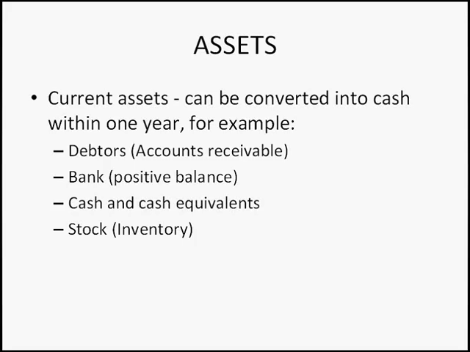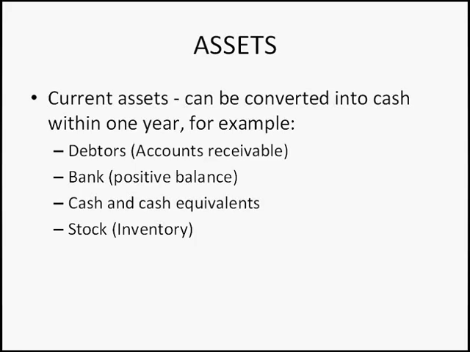Cash and cash equivalents, a lot of time the business will keep cash on its premises, maybe in the form of petty cash, and those are also an asset to the business. And stock or inventory. Any inventory or stocks that is in the warehouse is a current asset to the company, because those can be sold off and therefore converted into cash within a pretty short period of time.